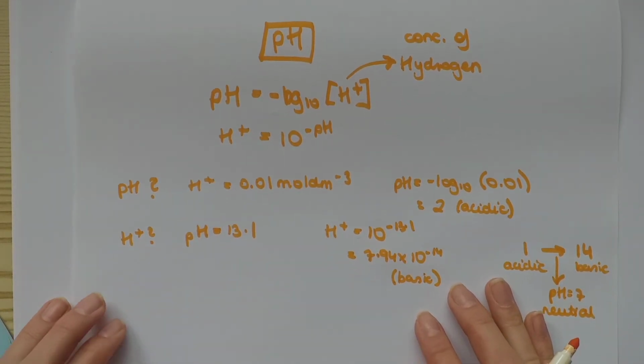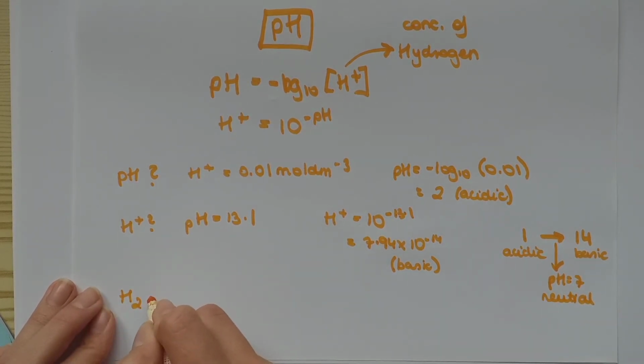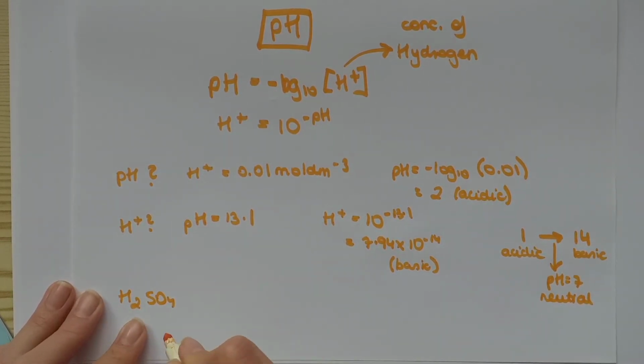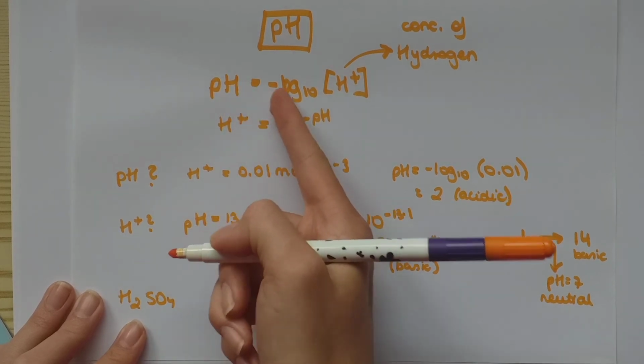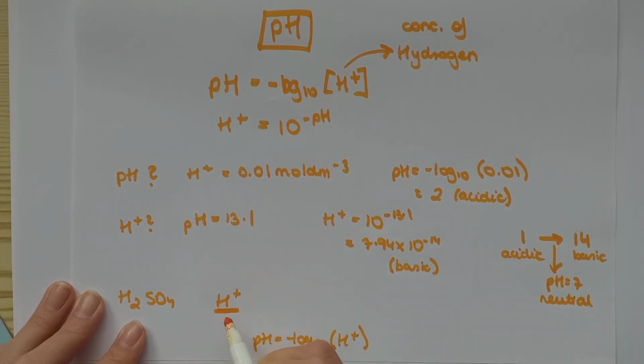Okay, another type of question is if you had H2SO4 and you were given the concentration of H plus. Before you put it in your equation, so pH equals minus log 10 of your concentration, you would have to multiply this concentration by 2.